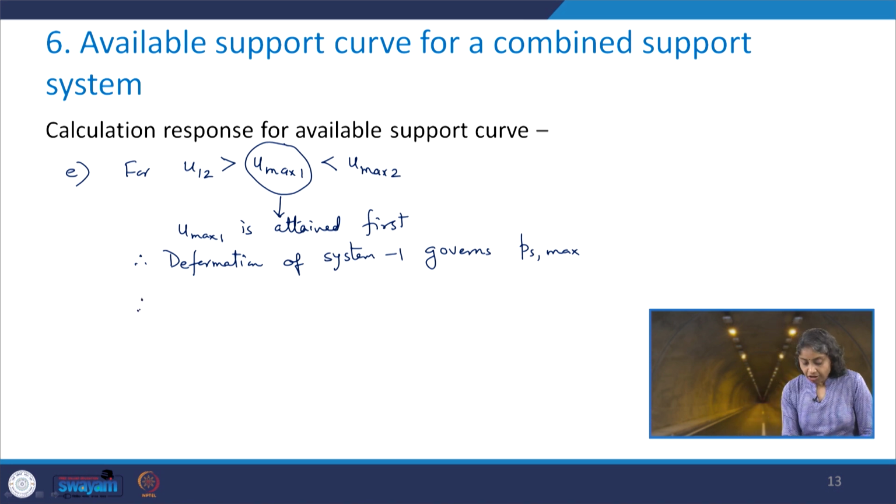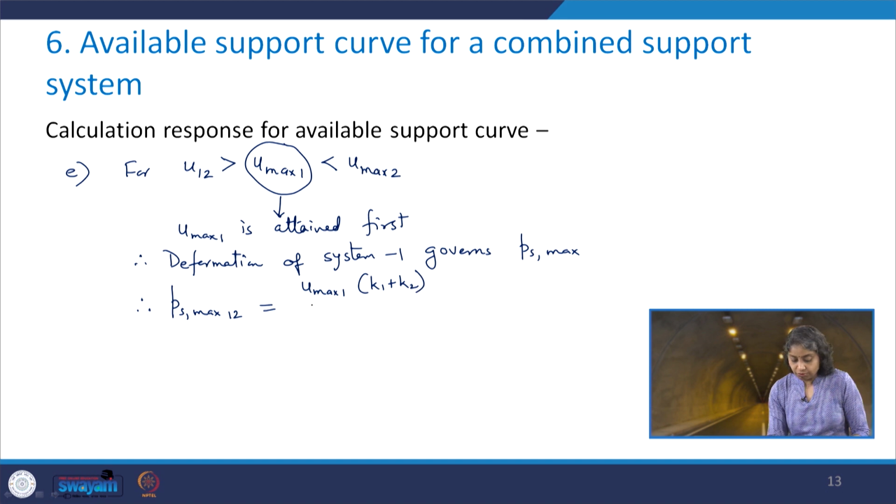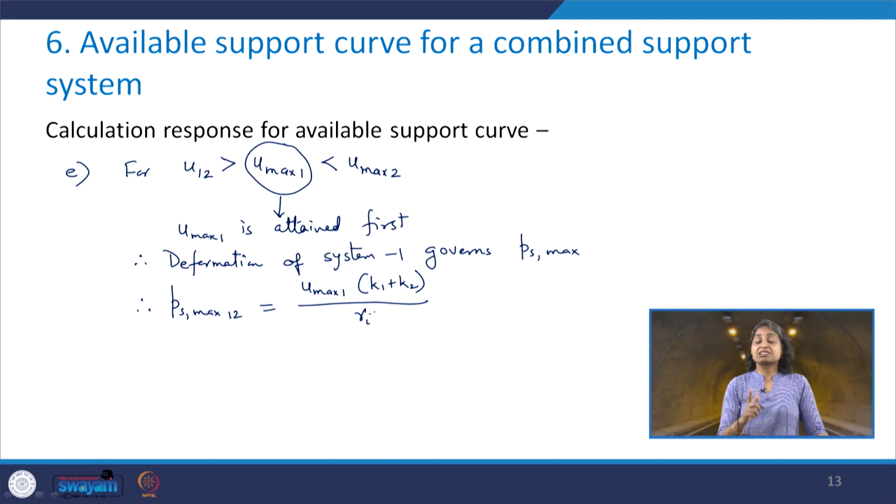So, therefore, we can write that Ps max 12 will be equal to u max 1 into K1 plus K2 divided by Ri, because u max 1 is minimum.